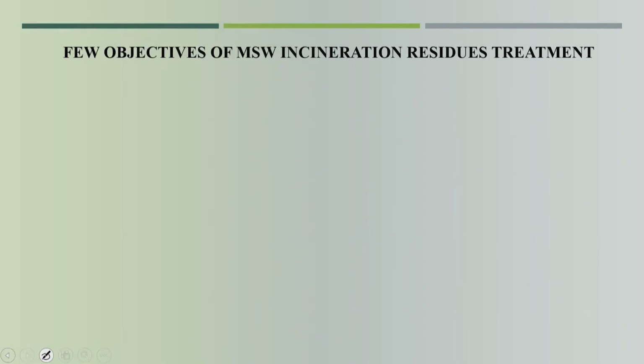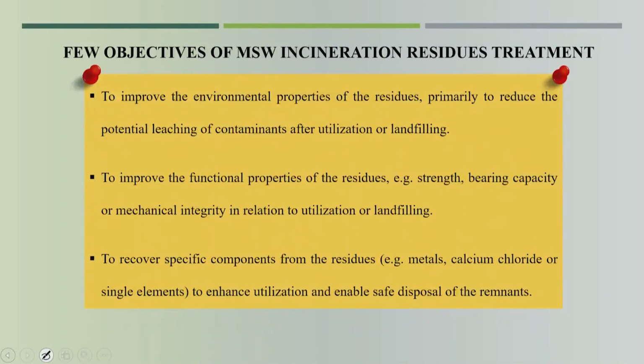Now, we will see a few objectives of MSW incineration residue treatment. This text I took from our solid waste manual of 2016. What should be the objective before treatment of incineration solid residues? To improve the environmental properties of the residue, primarily to reduce the potential leaching of contaminants after utilization or landfilling.